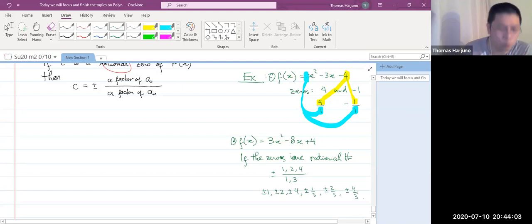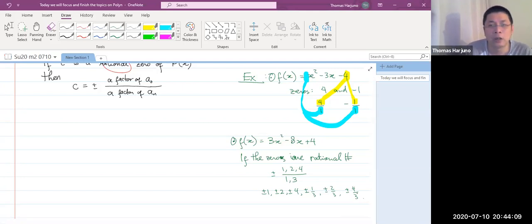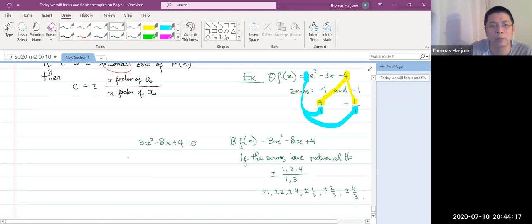Now, if you have a multiple choice question, and they ask you the solution of 3x squared minus 8x plus 4, and part A is 0, 1, 2, you know it won't be 0. How about part B, 1, 2, 3? You know it won't be 3.